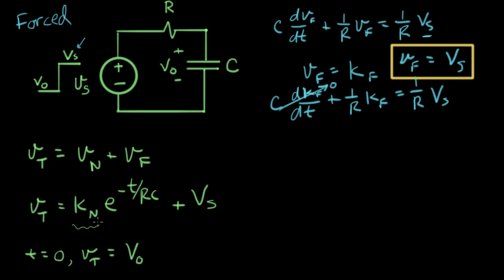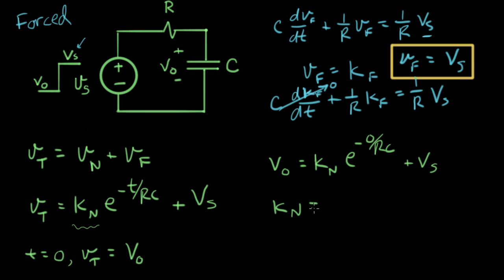All right, let's go back to our total solution and plug in these two values. Time is 0 and Vt equals V naught. So that looks like V naught equals natural constant times e to the minus 0 over RC plus Vs. And let's solve for Kn.